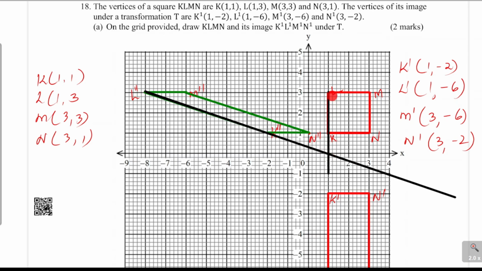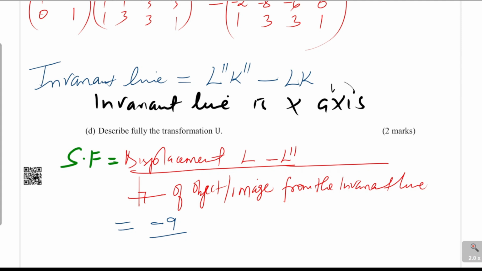There are 3 squares from L to the invariant line. So that is what we mean by the perpendicular distance of the object point or the image point to the invariant line. So there are 3 squares. So -9 will be divided by 3. So the shear factor is -3.